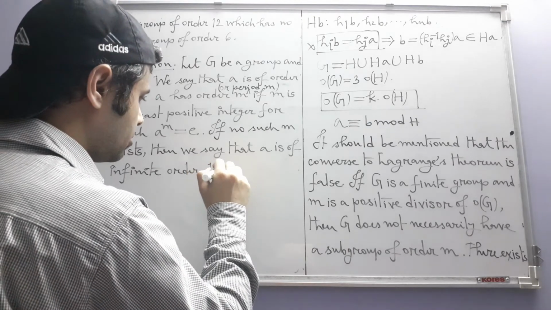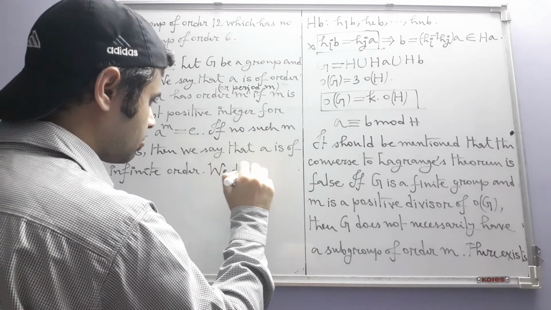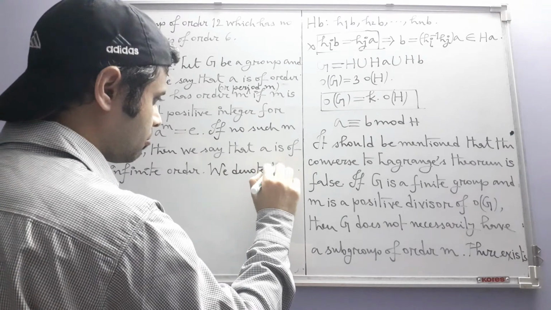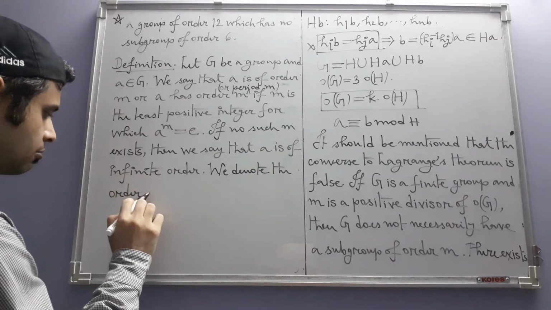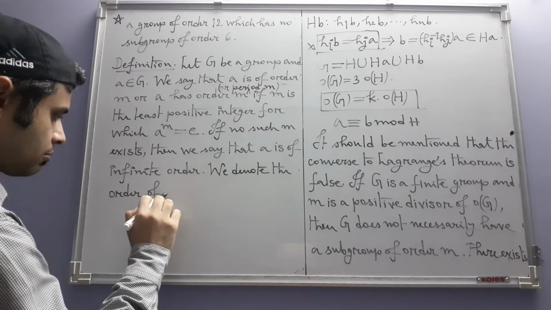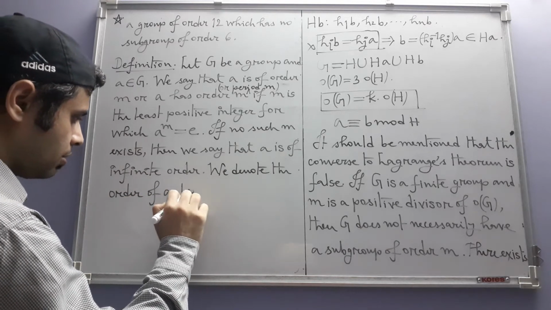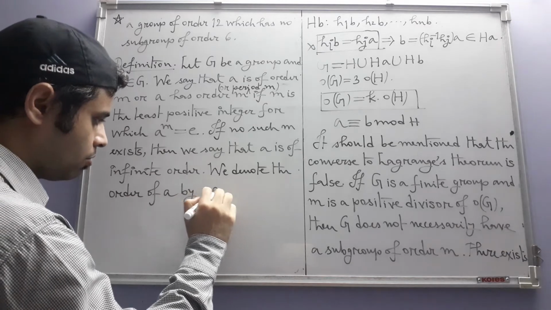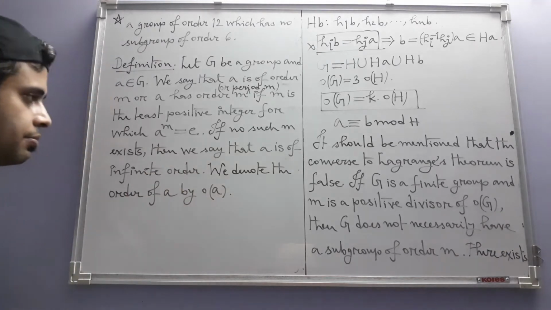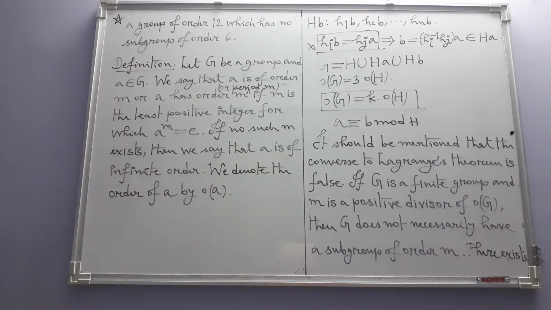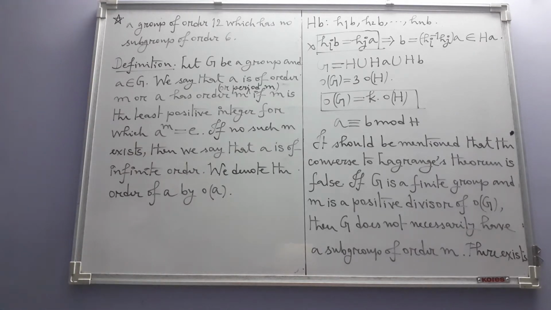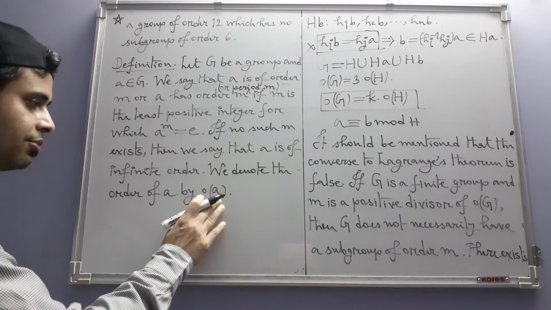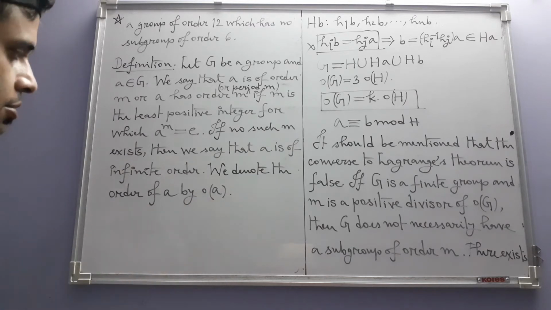We denote the order of A by O of A, especially when this is a finite positive integer. If it is infinite, then of course we don't use this.